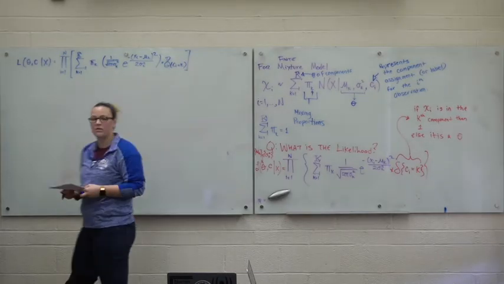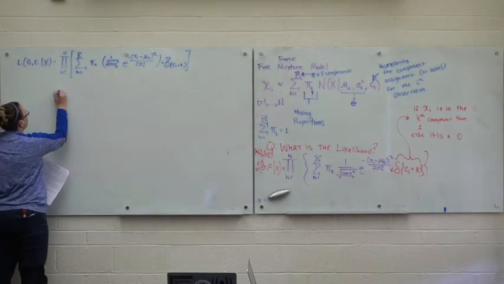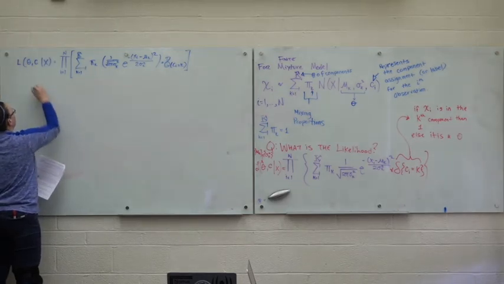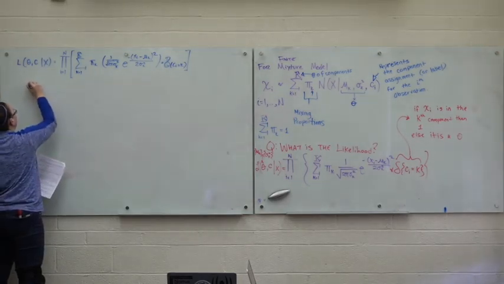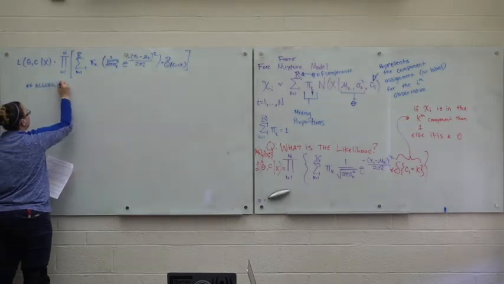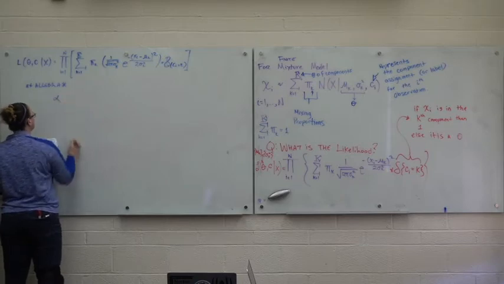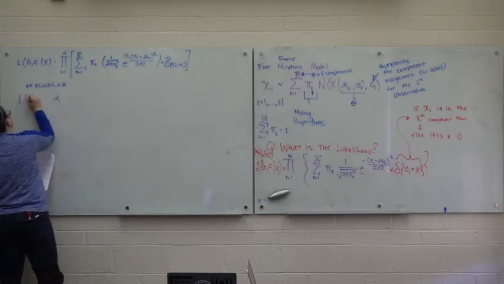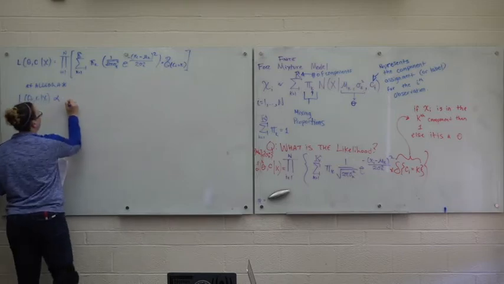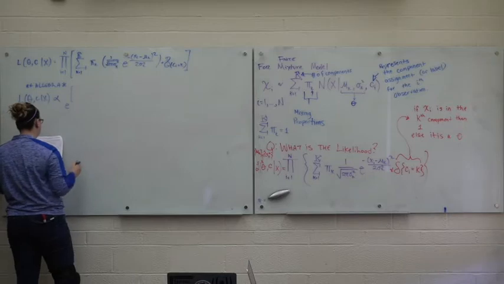Now we're going to do a little bit of algebra just to make this a little bit simpler, okay? To save some time, algebra happened here. It's proportional to, still the likelihood. Now we're going to have everything up in the exponent.